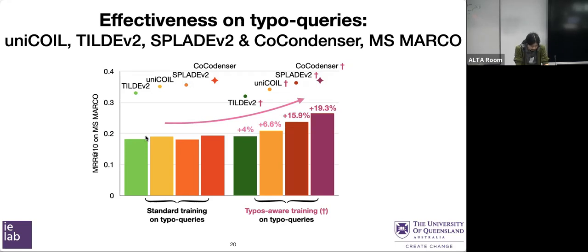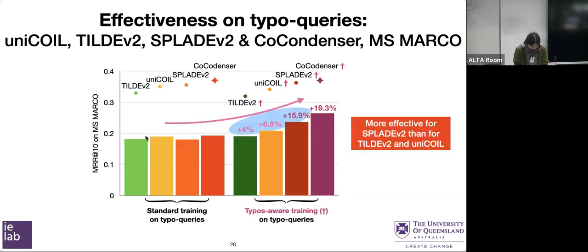TILDEv2 and uniCOIL trained with typos-aware training achieve lower effectiveness, and this is statistically significant. But TILDEv2, uniCOIL, and SPLADEv2 are all sparse retrievers, and we obtain considerably different results when comparing TILDEv2 and uniCOIL with SPLADEv2. Typos-aware training is more effective for SPLADEv2 than for TILDEv2 and uniCOIL.